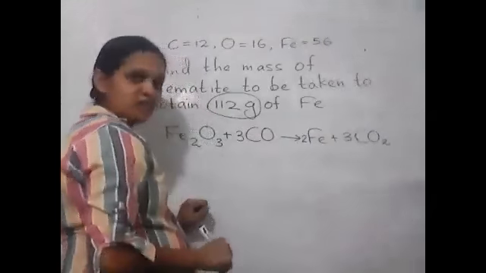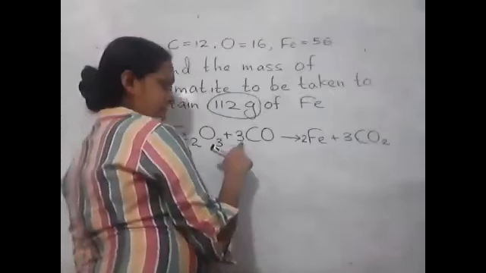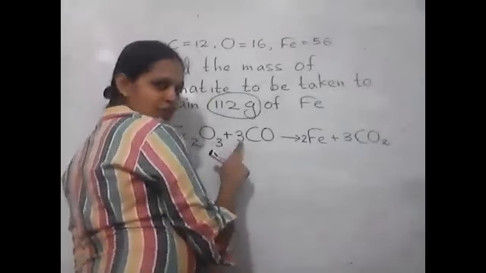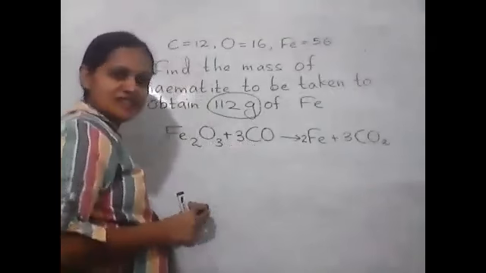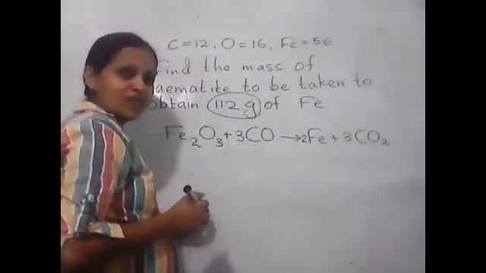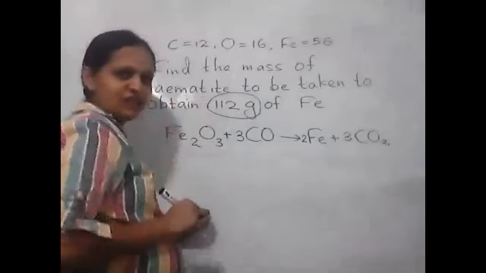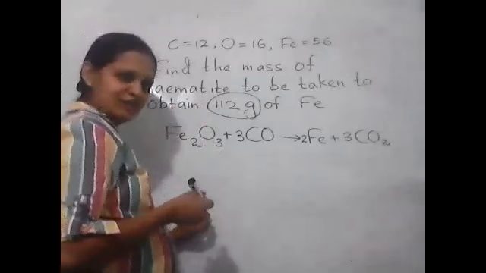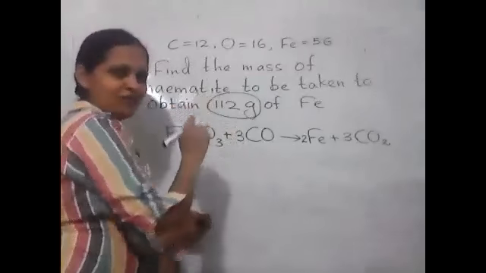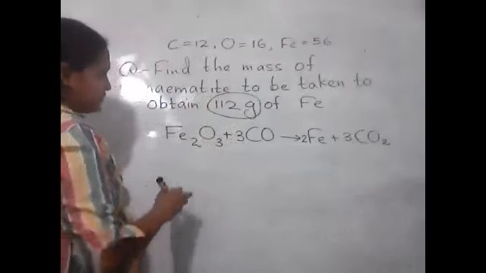Now oxygen is balanced. Then what about carbon? 3 carbon atoms on this side, another 3 carbon atoms on this side. So you have got the molar ratio, which is essential to do this calculation. Once you become familiar with those, you will be able to do this sum within a few seconds.